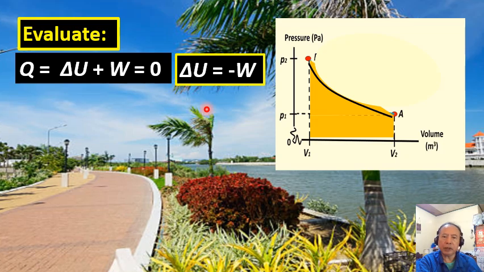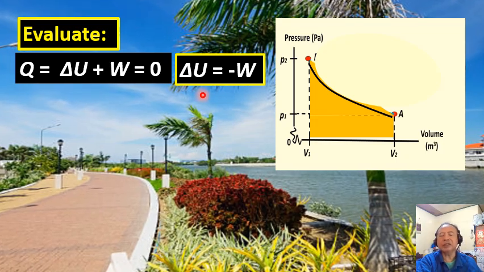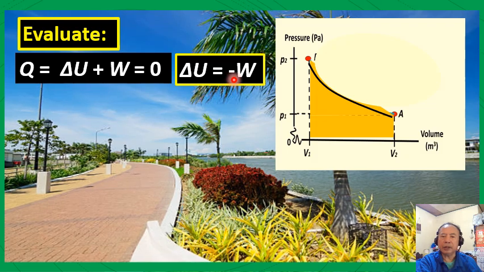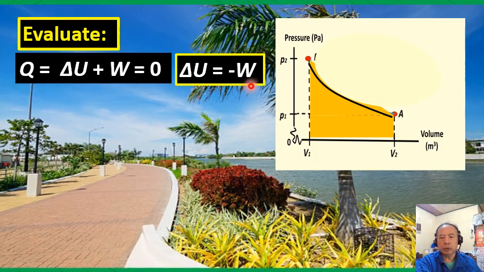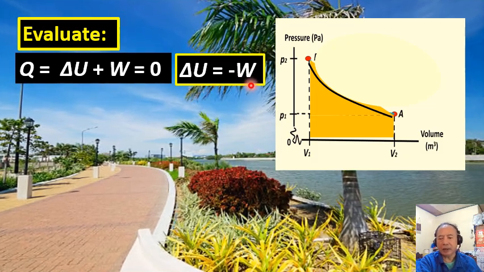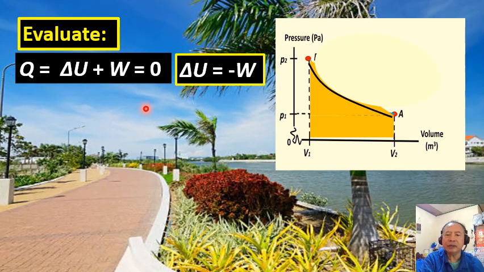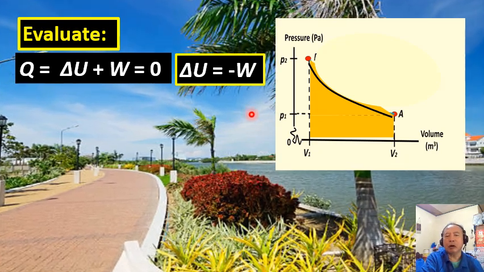So that makes the change in the internal energy delta U equal to negative W, which agrees with our computed value for the work done on the system.